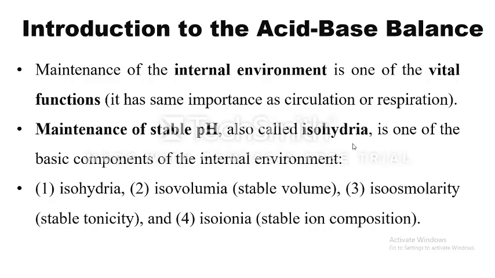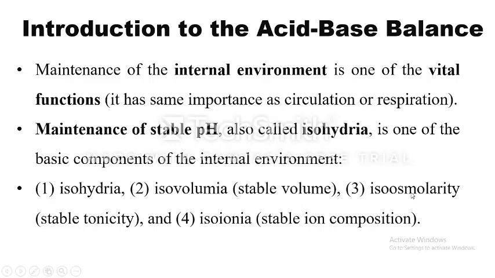Then there are some other functions that are also going side by side. The important one is isohydria, that is the maintenance of stable pH. Then is isovolumia. As the name indicates, it is related to volume, so there should be a stable volume, meaning our body fluid volume shouldn't increase or decrease, it should be the same.